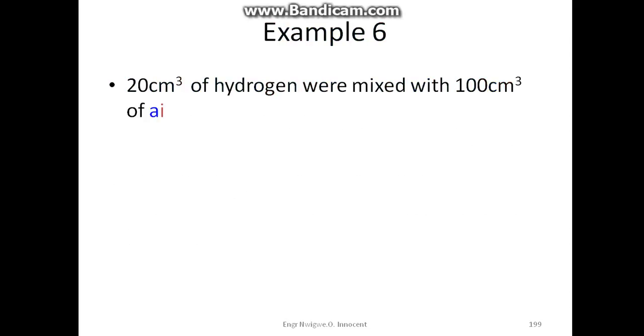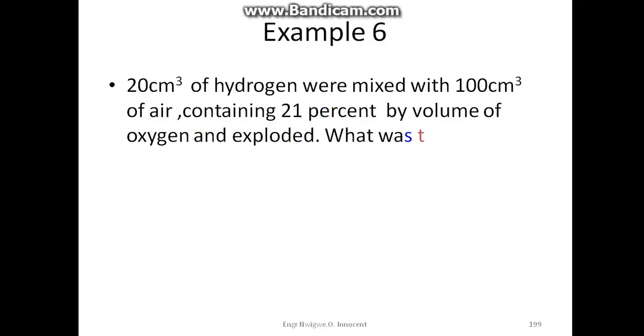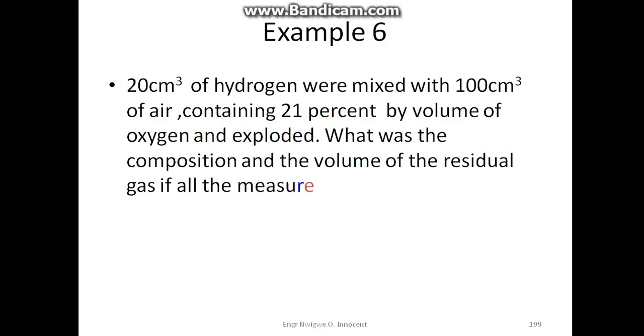Example 6. 20 cm³ of hydrogen were mixed with 100 cm³ of air containing 21% by volume of oxygen and exploded. What was the composition and the volume of the residual gas if all the measurements were taken at STP? Solution.